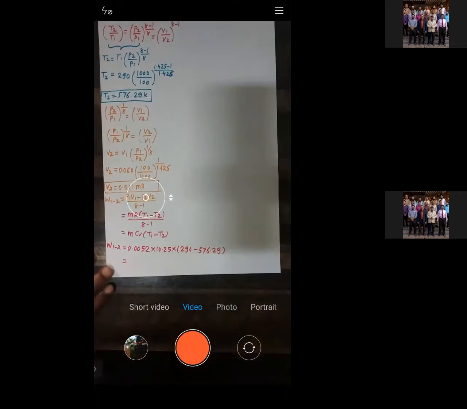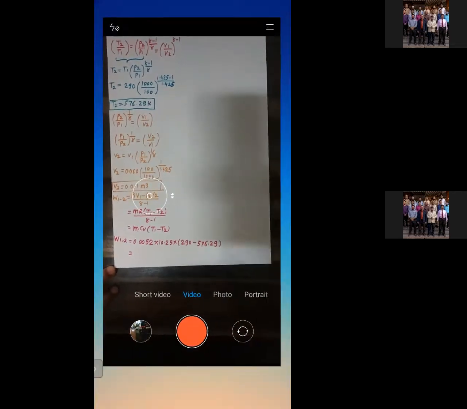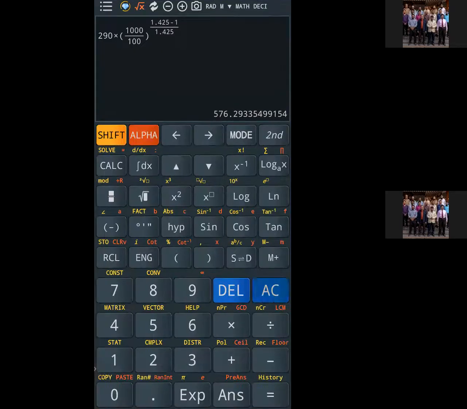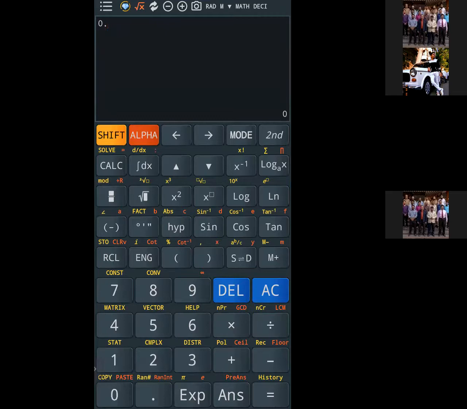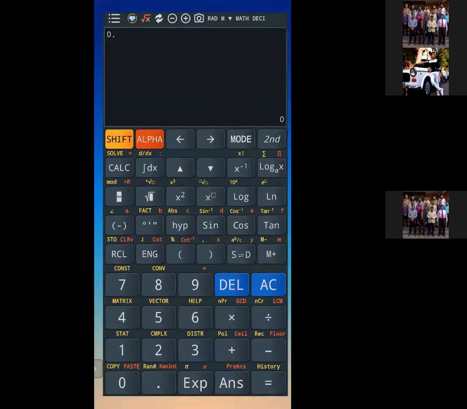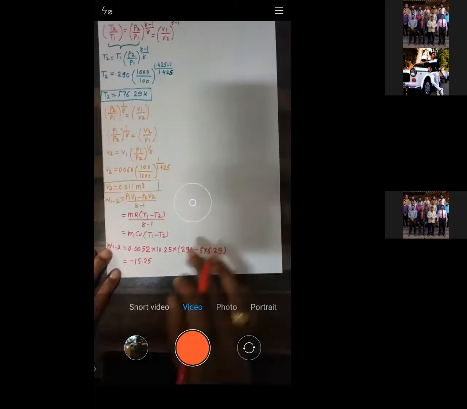Okay, do this calculation, or shall I do that? See, it's simple. Minus 15.25. Okay, no problem. So minus 15.25, right? And what will be the unit?